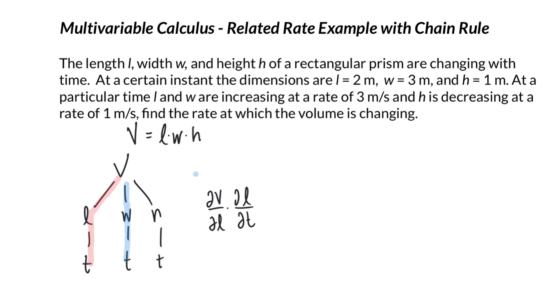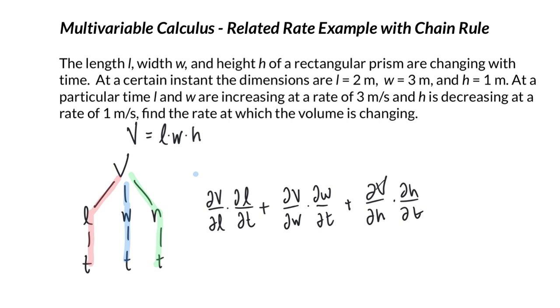We follow that branch and say, okay, volume is affected by width, and width is affected by time. And finally, volume is a function of height, which is a function of time. We add all those together and it gives us the overall change in the volume.